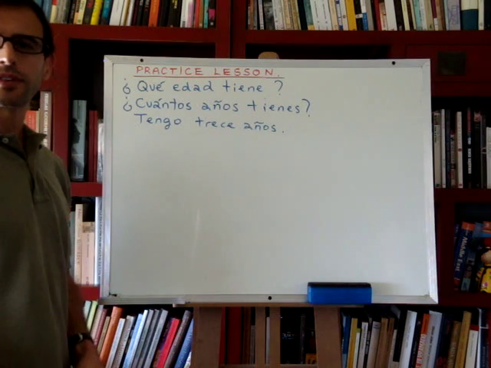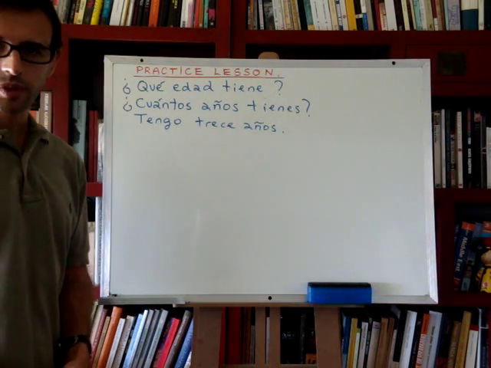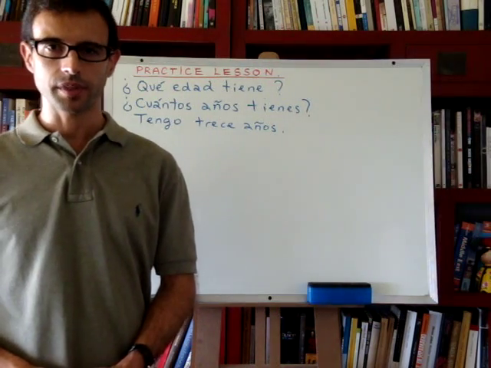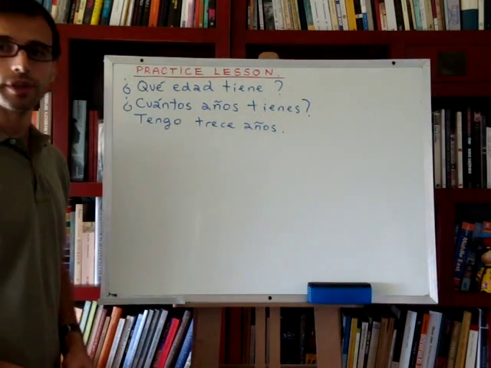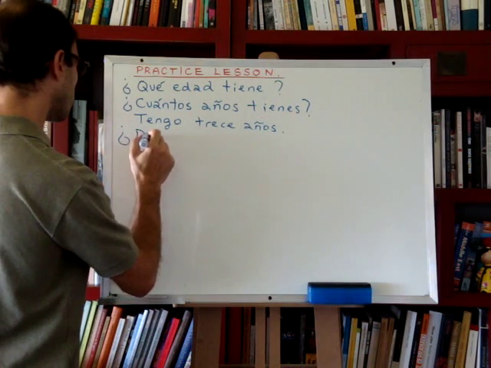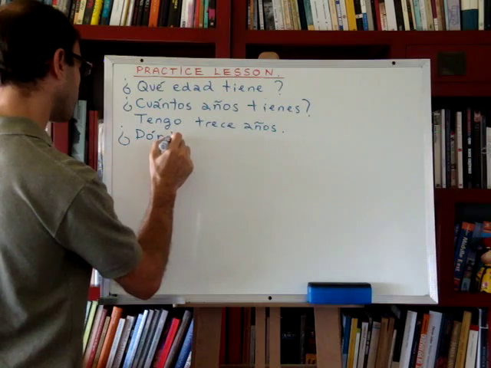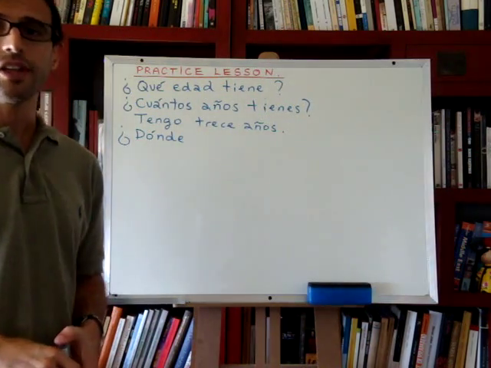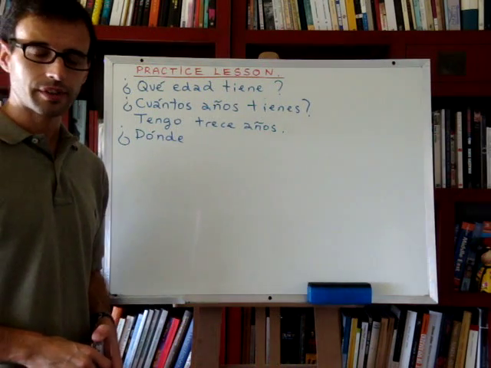So now we will ask, where do you live? Where do you live? And which is the question word for where in Spanish? ¿Dónde? Right? So we ask, ¿dónde? And the verb to live is vivir, right?